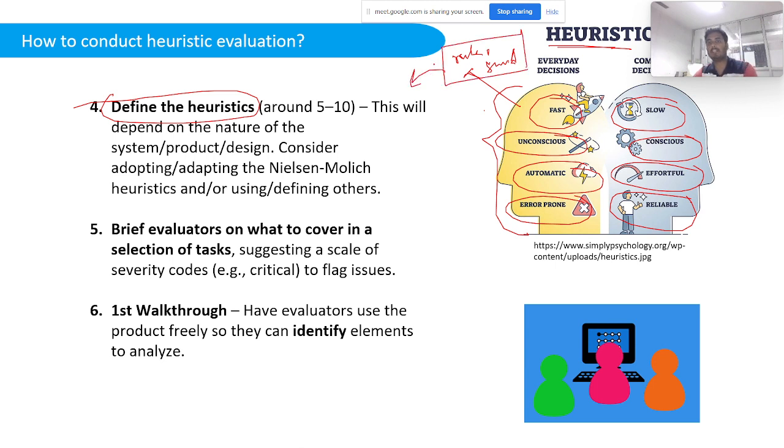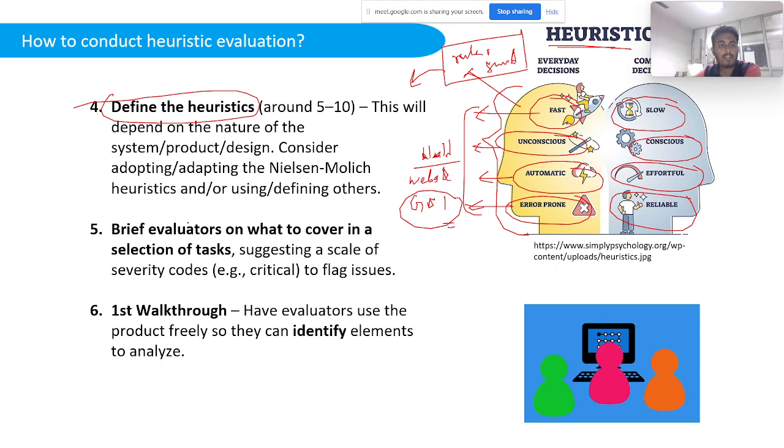So heuristics are generally principles and guidelines which are set for a particular type of interface. In most cases you may have heard about Nielsen's heuristics because those are popular for designing websites as well as interfaces where graphical contents are required.